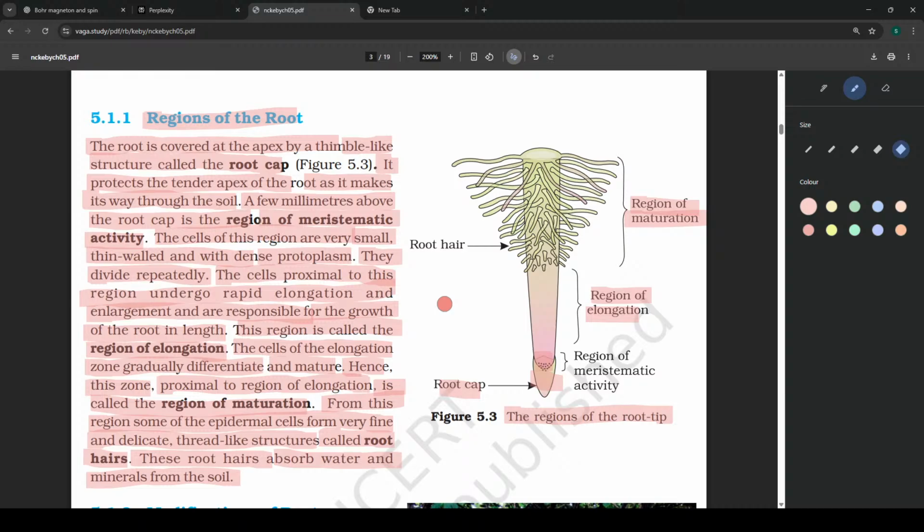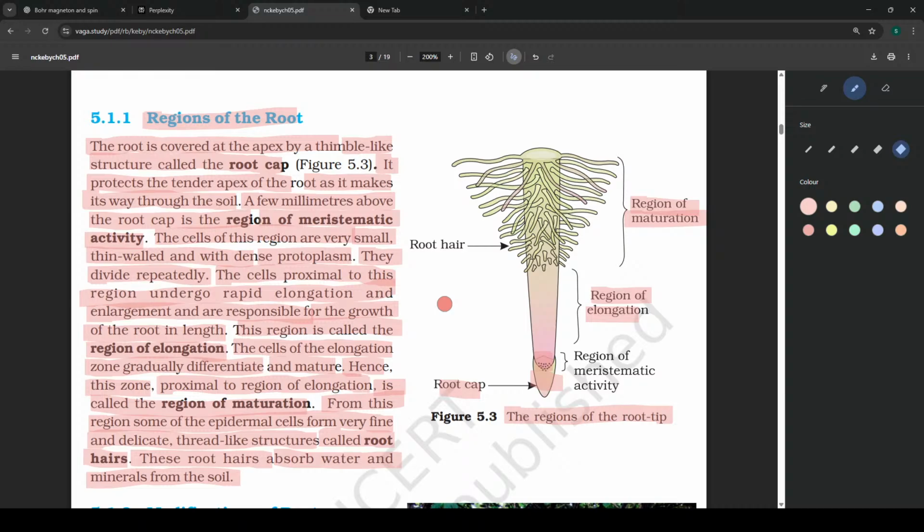It can easily be destroyed. So the root cap acts as protection from it getting destroyed due to soil hardness. That is the function of the root cap. It protects the tender apex of the root as it makes its way through the soil.